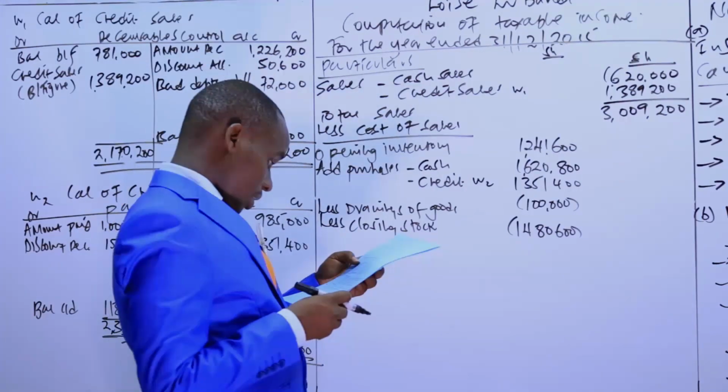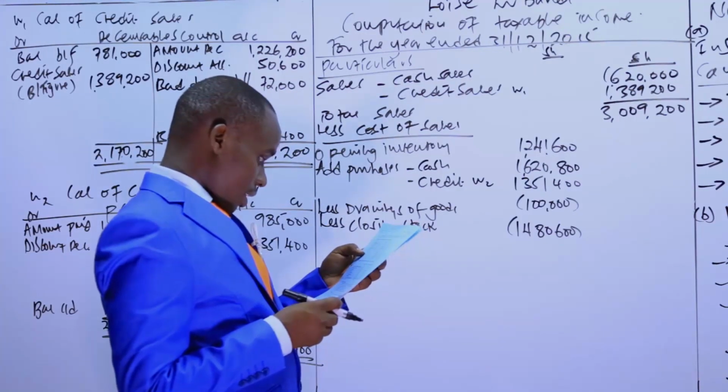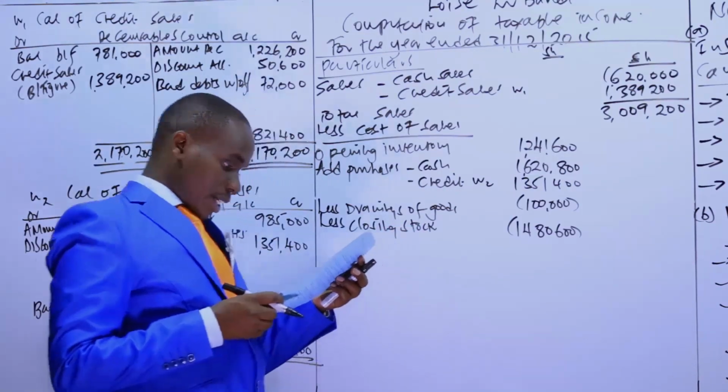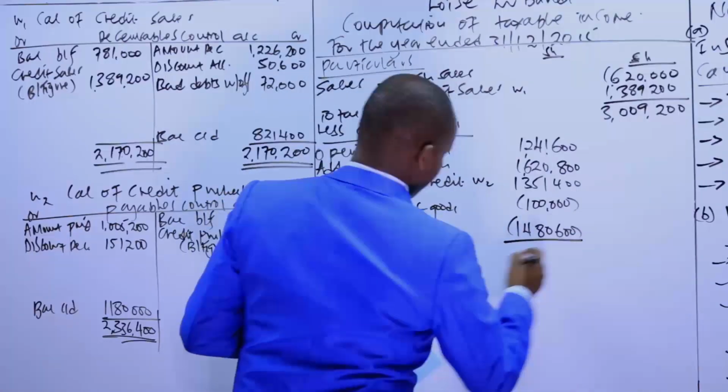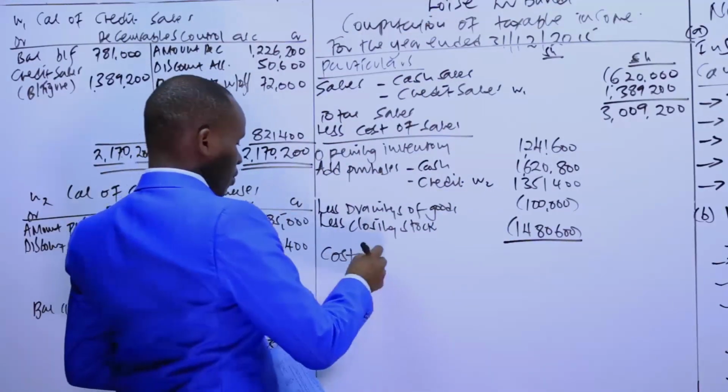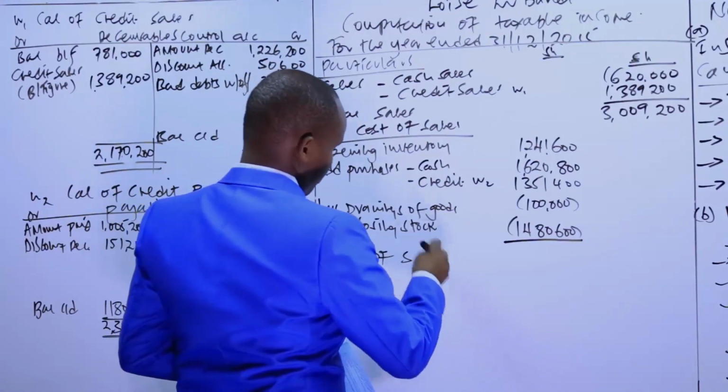We don't have any other item that affects this, so directly we can move to cost of sales. So what is the cost of sales?